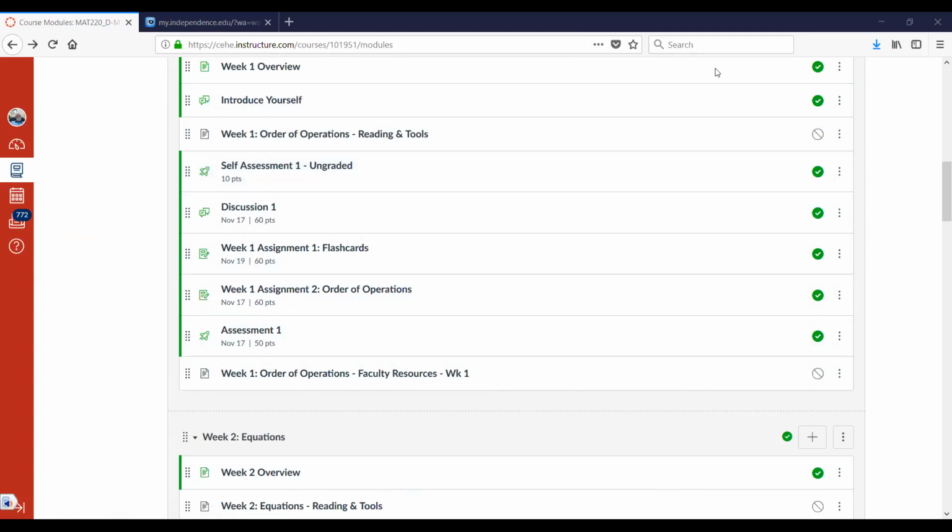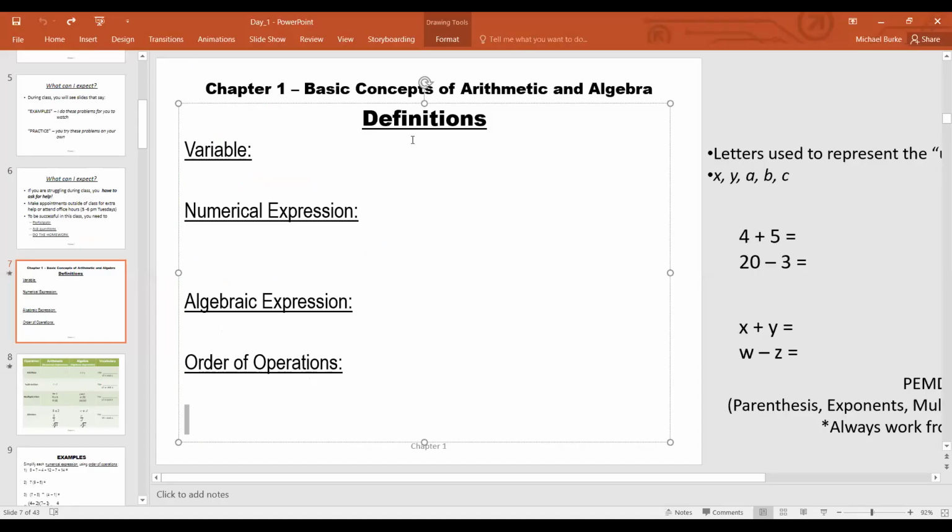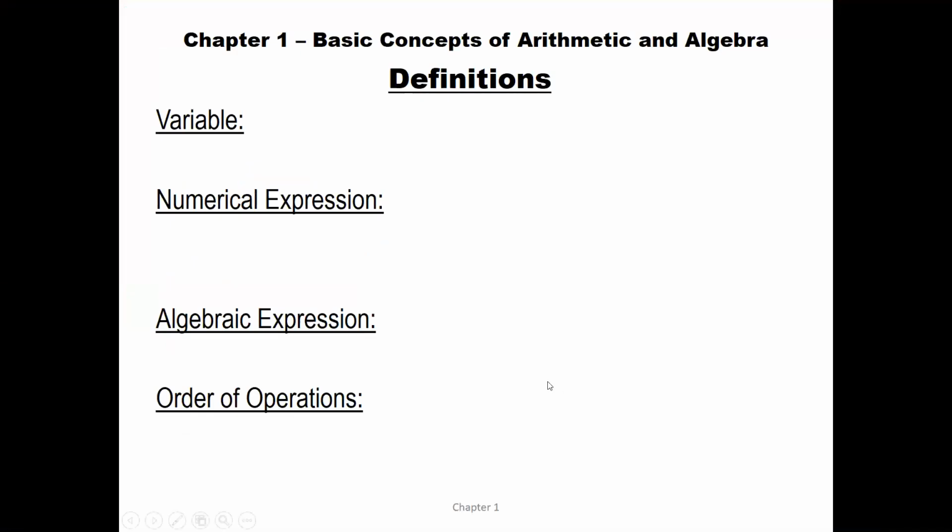Here it is. Let's make it a presentation. All right, some definitions. Algebra is just arithmetic with letters. The purpose of algebra is to determine the value of the letters. A variable is a letter that can have a value. It can be any letter.